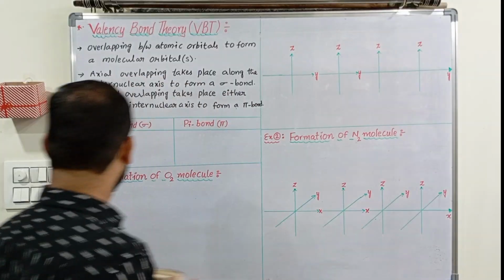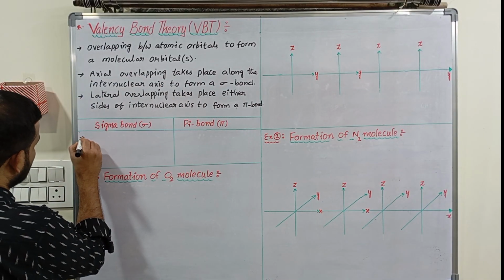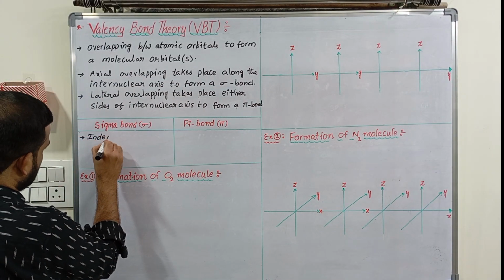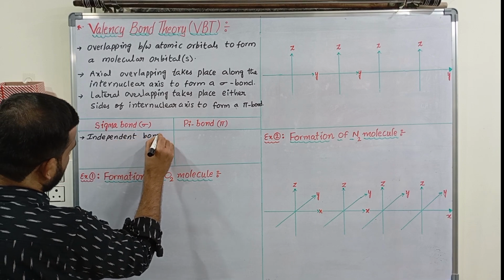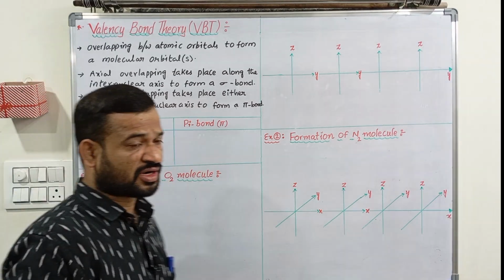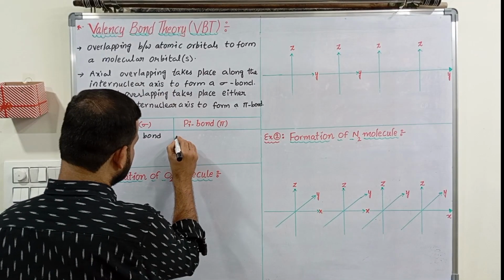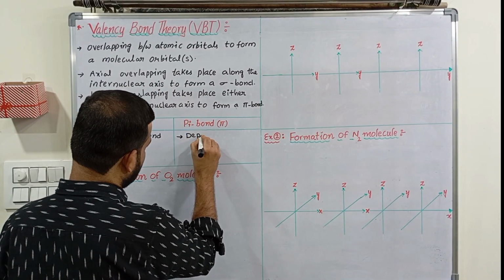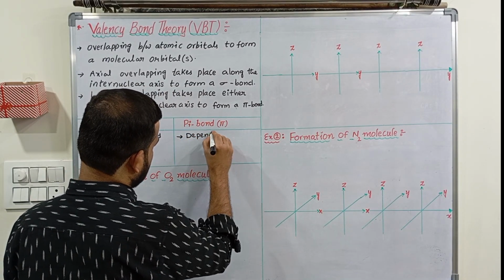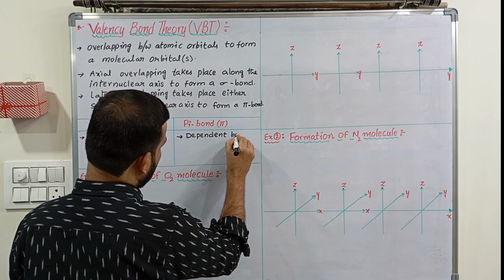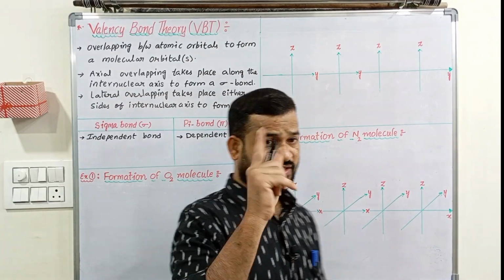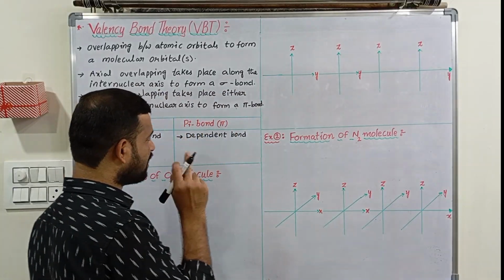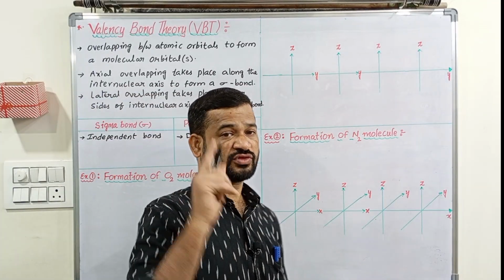Sigma bond is an independent bond. After formation of the sigma bond, the pi bond will be formed. So it is a dependent bond. On which bond will it depend? That is the sigma bond. It is a dependent bond of a sigma bond.